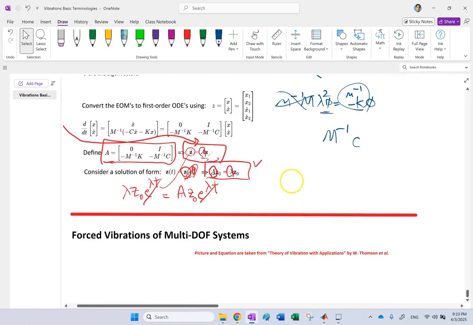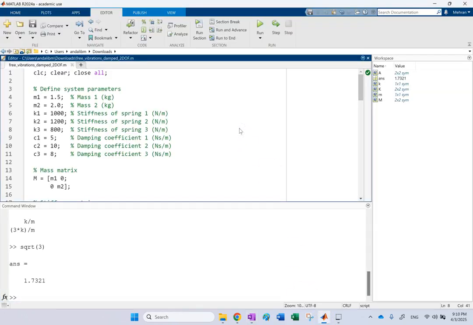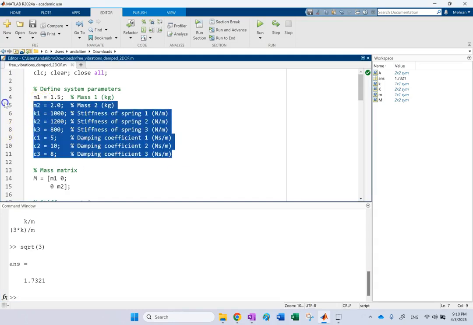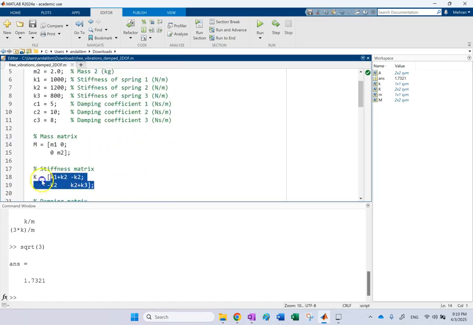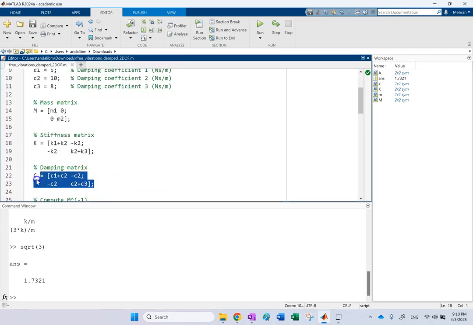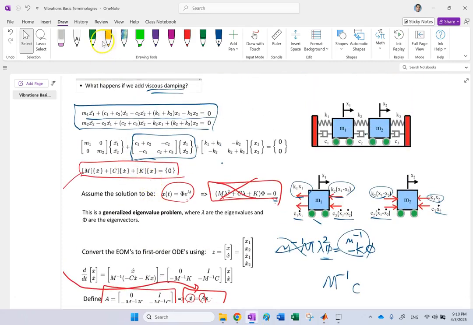Now here, to show you a demo, I have written a simple MATLAB code, which I'm going to give you a download link. So here I have values for M1, M2, K1 to K3, and C1 to C3 in SI units. I formed the M matrix, I formed the K matrix, I formed the C matrix, just like here. Look, these are exactly these guys.